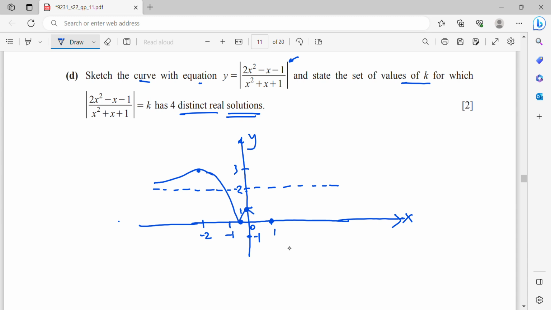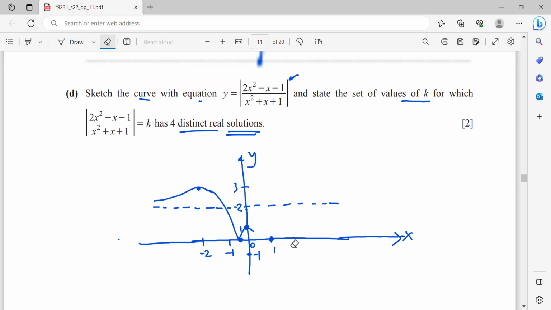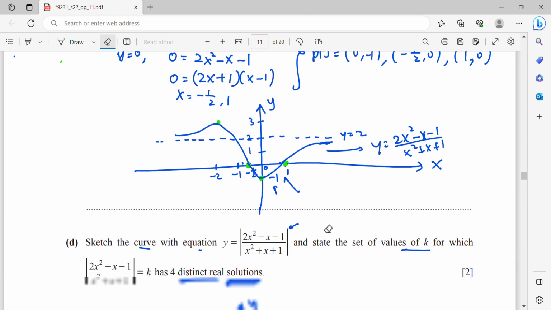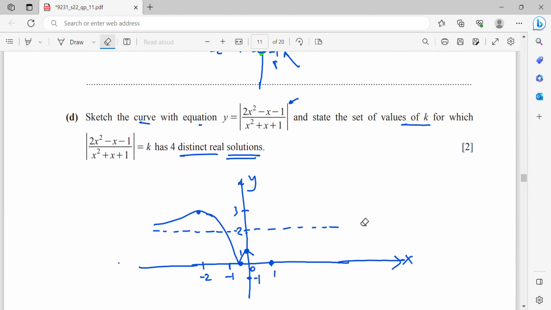After that, flip. Okay, it is not a straight line. Make sure you do not draw a straight line. Then here is going to be this.